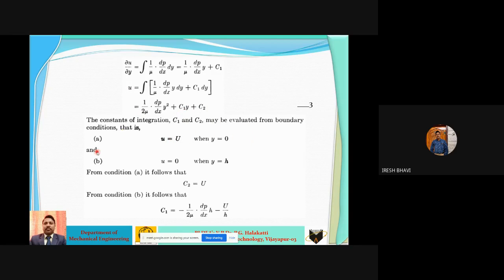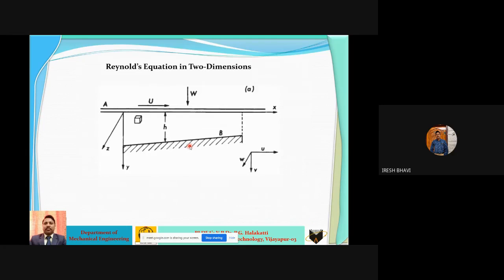What are the boundary conditions here? When y is equal to 0, u is equal to capital U. To understand this, you have to go here. When y is equal to 0, y is positive in the downward direction.